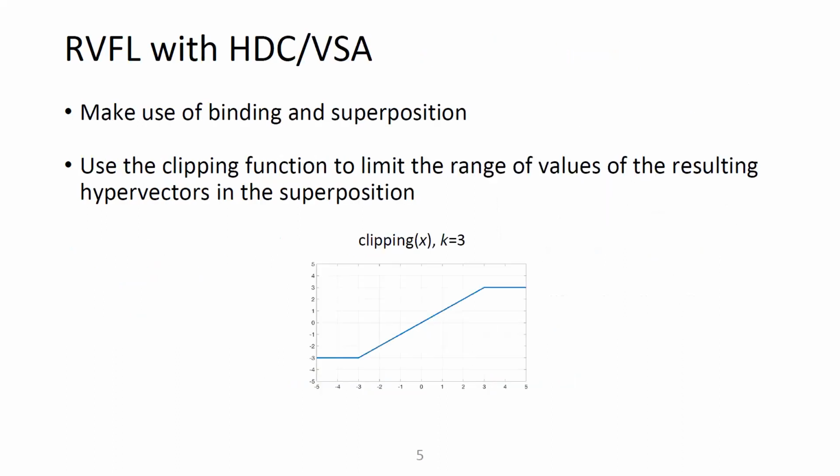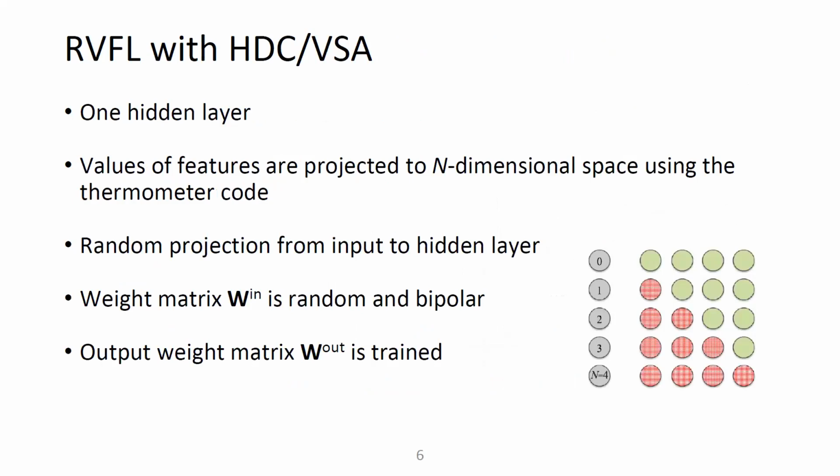What are we going to do with hyperdimensional computing and vector symbolic architectures to exploit the structure of the RVFL? First of all, we will use the binding and superposition operations. Then we will use the clipping function to limit the range of values of the hypervectors in the superposition, which I will explain in just a second. So in our case, the RVFL with HDC will have just one hidden layer.